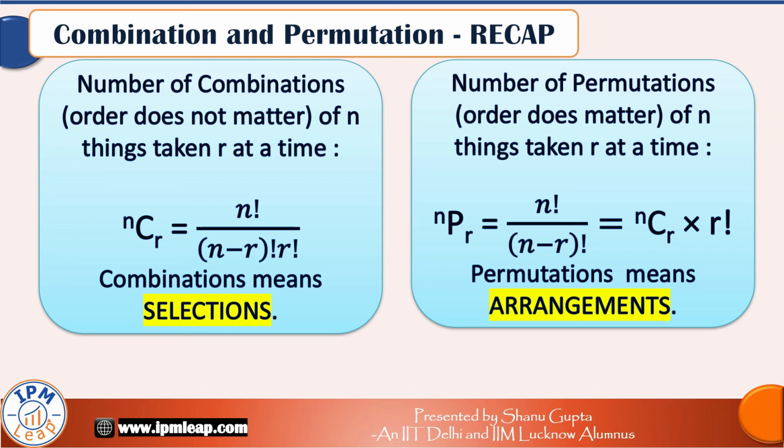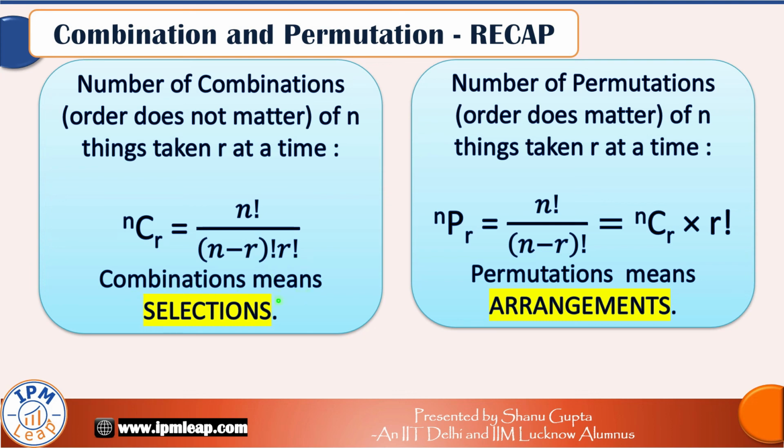Here is a quick recap of the concept of combination and permutation that we have learnt in this video tutorial. Number of combinations, the order does not matter, of n things taken r at a time is NCr. It is equal to n factorial over n minus r factorial into r factorial.